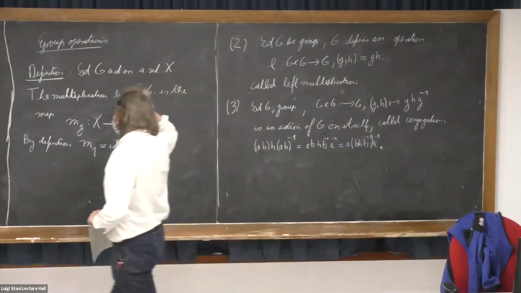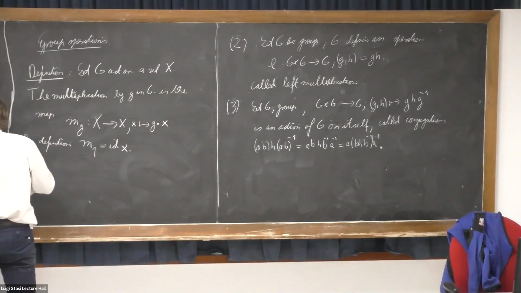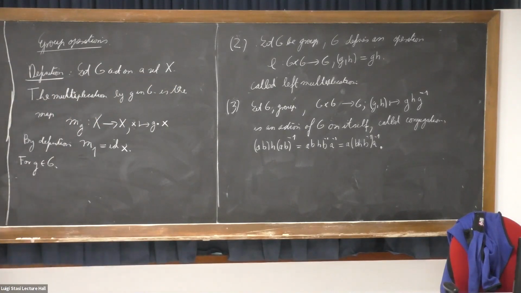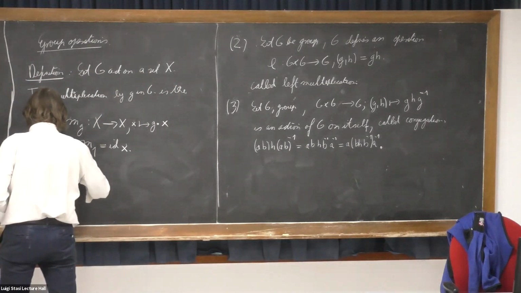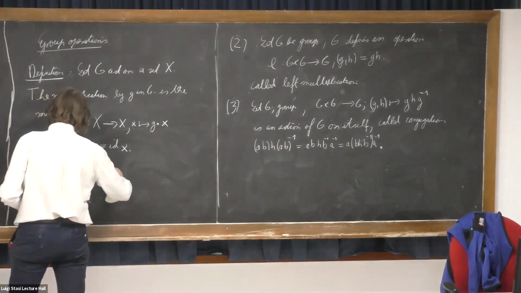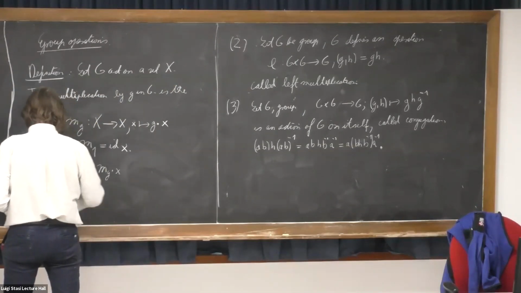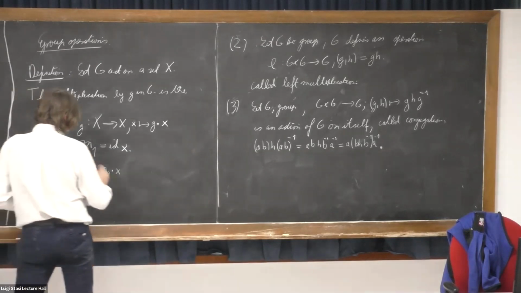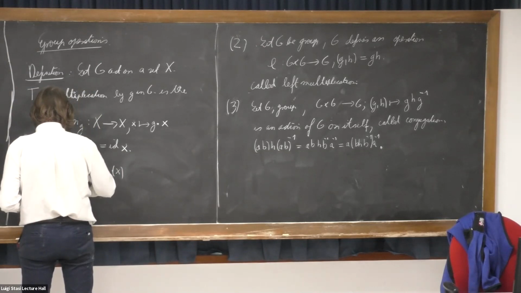Now, note that for any g in G, we can first apply m_g to x, for all x in X, and then we can apply m_{g^{-1}} to that.